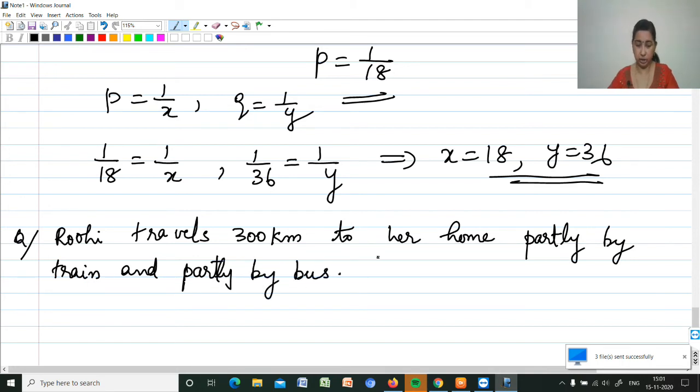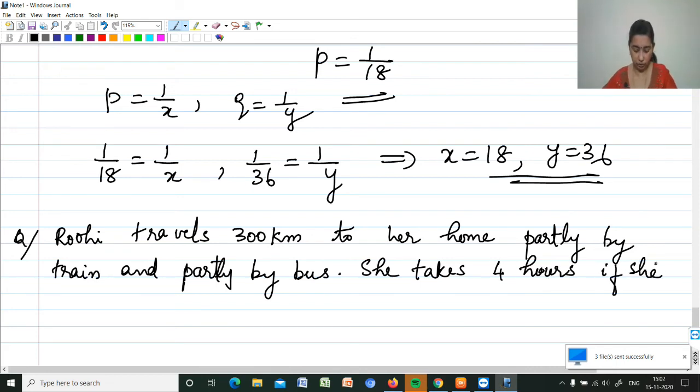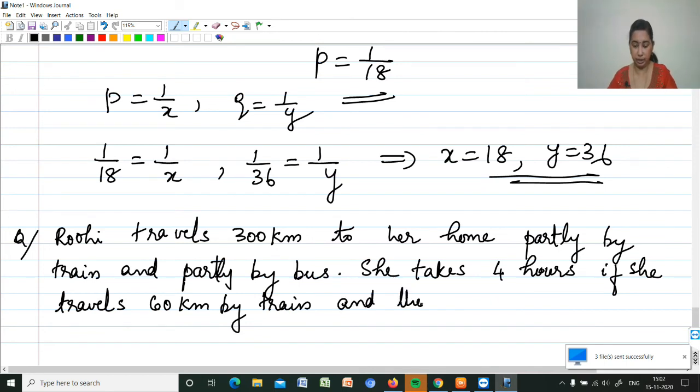She takes 4 hours if she travels 60 kilometers by train and the remaining by bus.